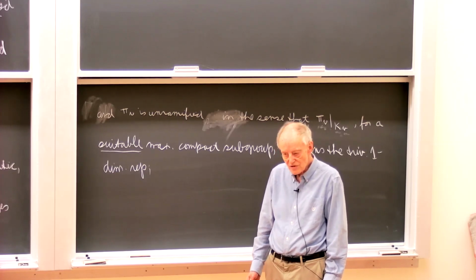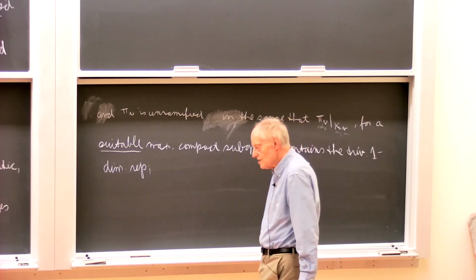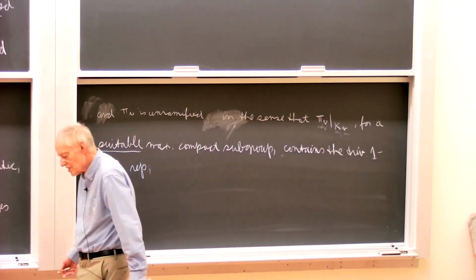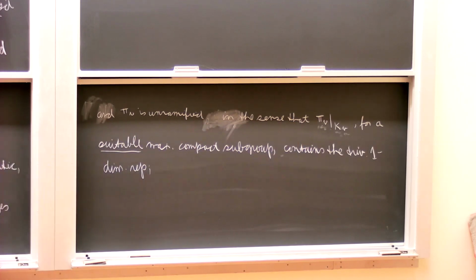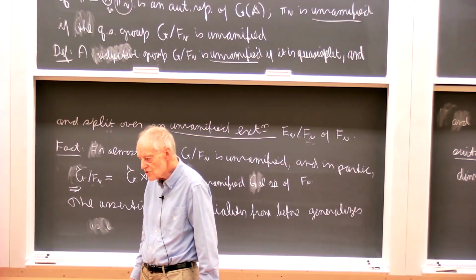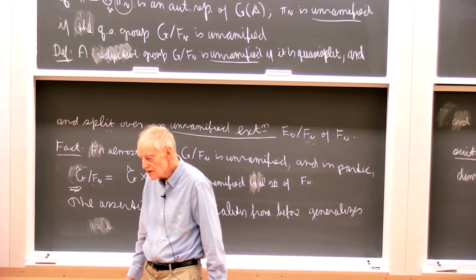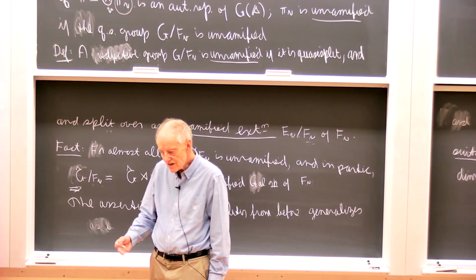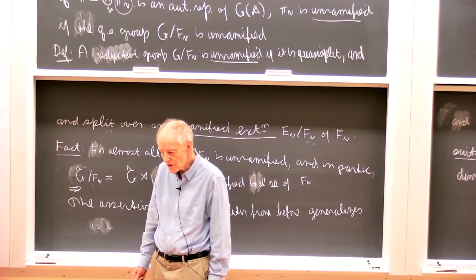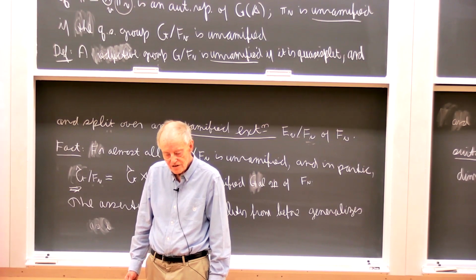Somebody can perhaps correct me. It arose from the work of Bruhat and Tits on buildings for p-adic groups, and also the notion of a hyperspecial maximal compact subgroup, which is a slight further restriction in the case of a quasi-split p-adic group.